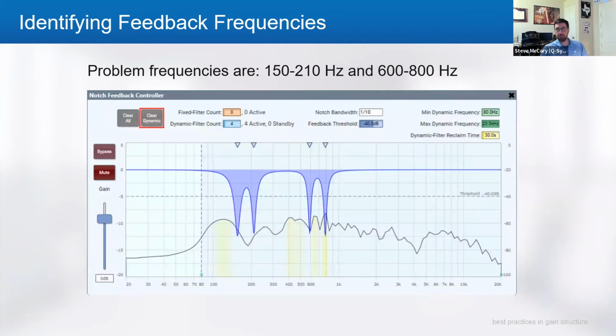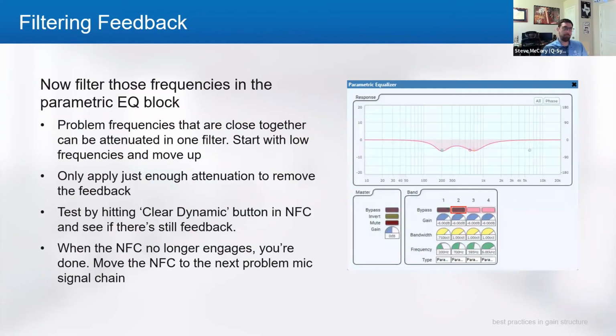And then what you will see is, like in this example right here, you'll notice that we're having feedback issues spike in from about 150 to 210, as well as some issues up in that 600 to 800 range. And then from there, you can go into your parametric, and this is why your high pass, low pass, and parametric will go before the notch feedback filter.